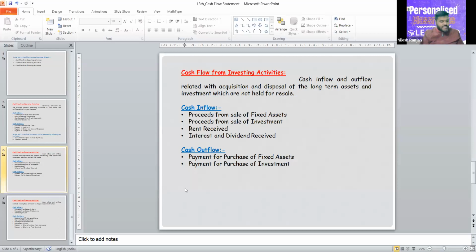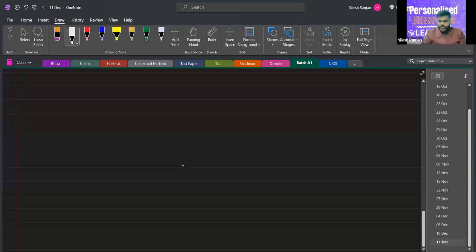Okay, what is direct and indirect method? That is the important part. So if you have seen the statement of profit and loss, how it is prepared: we take revenue from operation. Yes, sir.